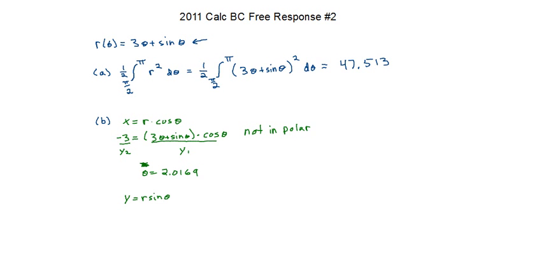Well, y equals, we know what r is, 3 theta plus sine theta times cosine of theta. Oops, I wrote that wrong, didn't I? It is r sine theta, not cosine.